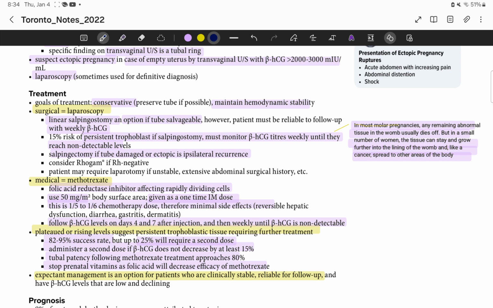Linear salpingostomy is an option if the tube is salvageable, with weekly beta HCG. So we are going to do beta HCG follow-up. By the way, salpingostomy is actually a better choice.